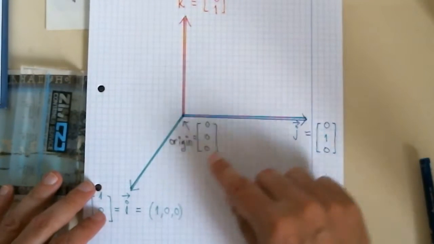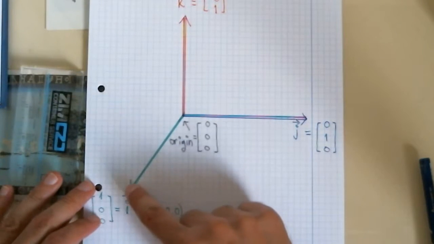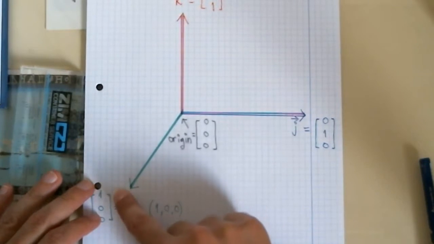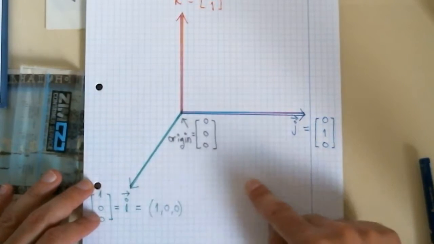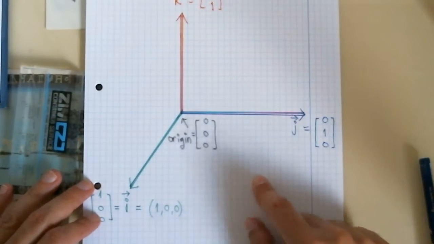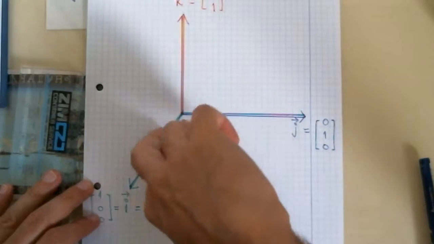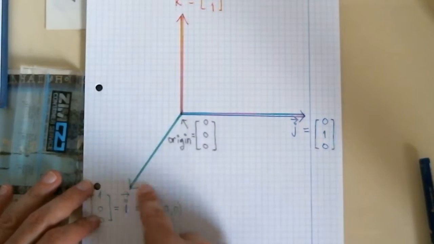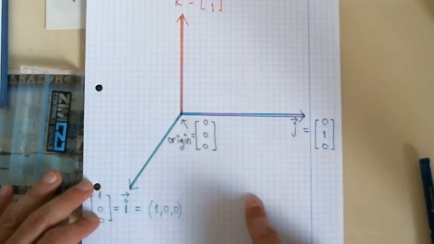Another one would be I towards us, out of the page, and then rightward. So I plus J. It's like walking this way and then walking to here. So I plus J, or J plus I, it's the same.